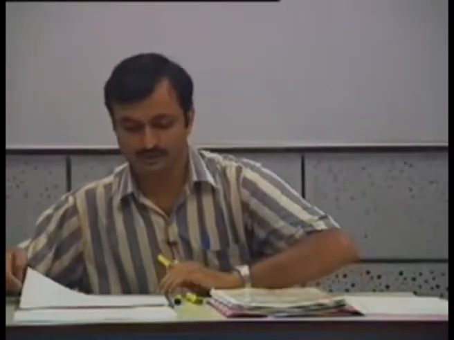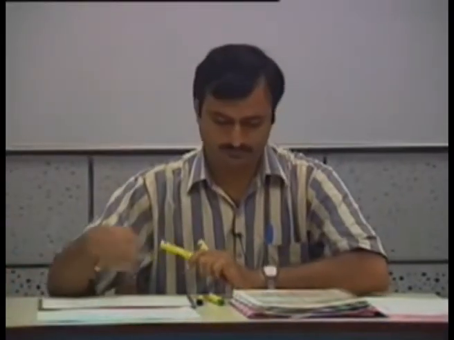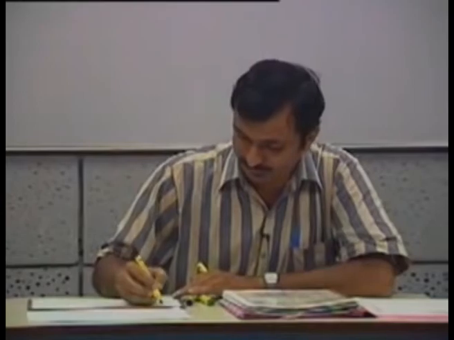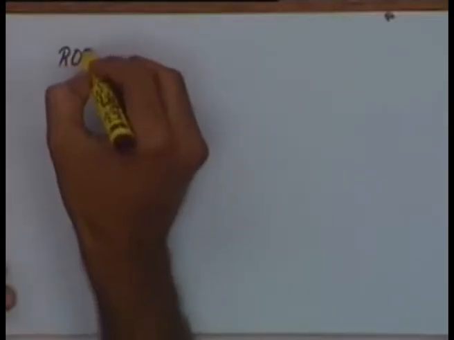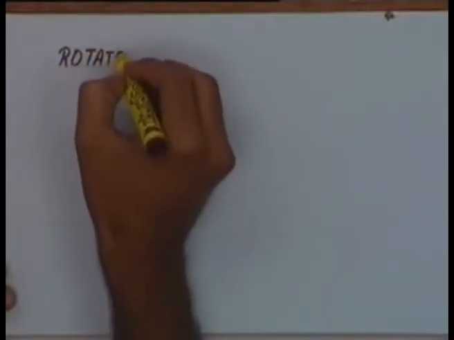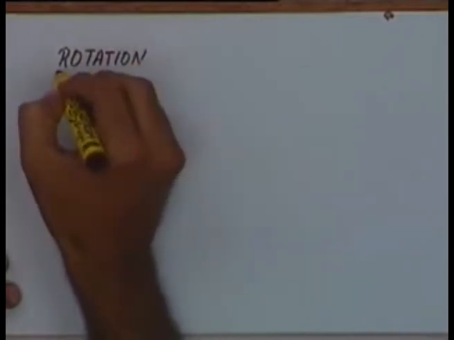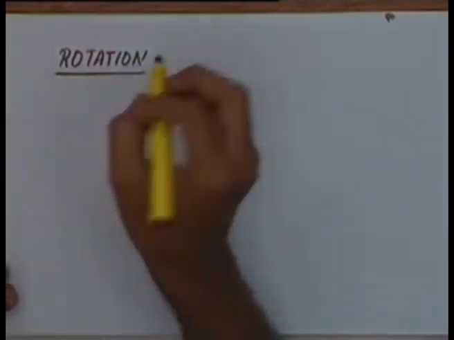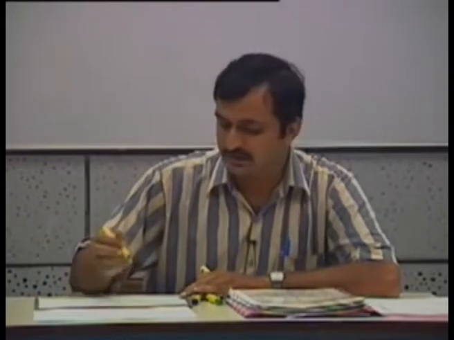Now let's come to rotation. In the 2-dimensional case we were rotating about a point, which was the origin. In a 3-dimensional case we can't rotate about a point, we have to rotate about an axis. So let's take the first case.